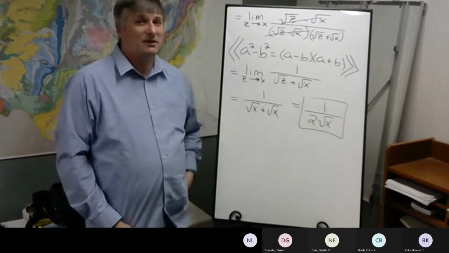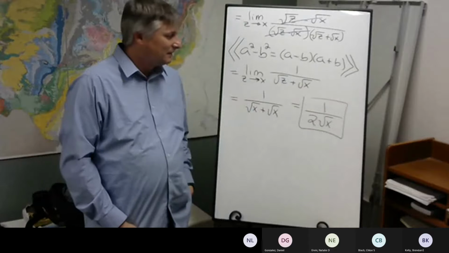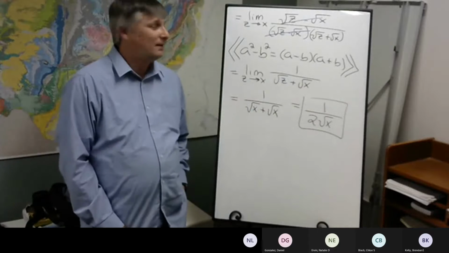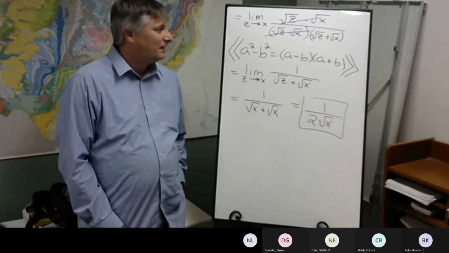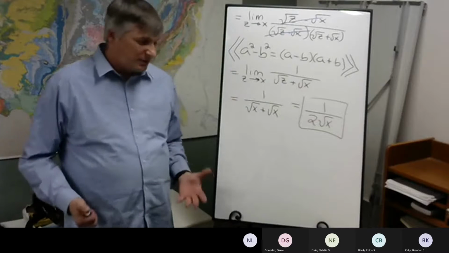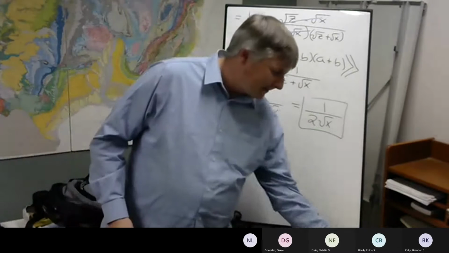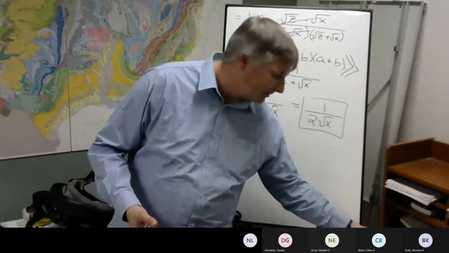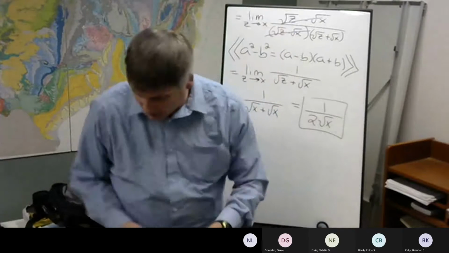And that's going to be your answer. Questions about that? So again, these examples have some tricky algebra in there, but it's not a bad thing to practice with and wrestle with.